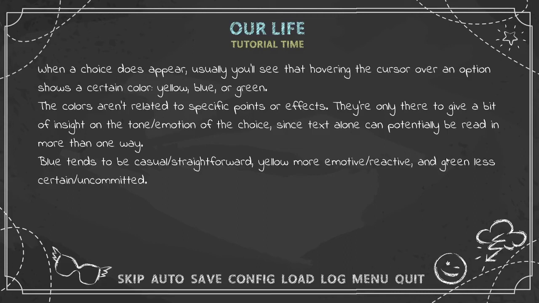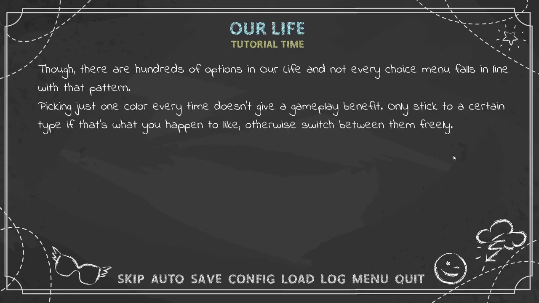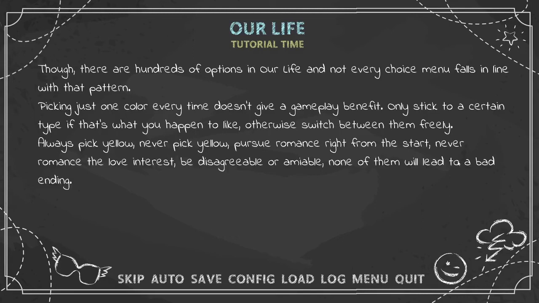Blue tends to be casual, straightforward, yellow more emotive, reactive, and green less certain, uncommitted. Though there are hundreds of options in our life, and not every choice menu falls in line with that pattern. Picking just one color every time doesn't give a gameplay benefit, only stick to a certain type if that's what you happen to like, otherwise switch between them freely.